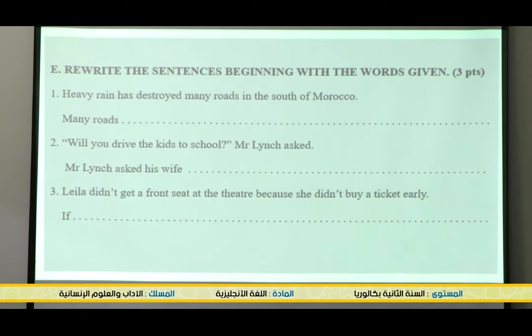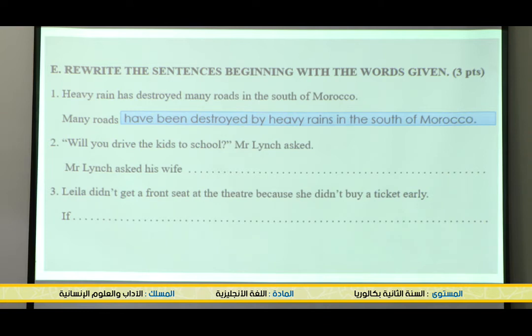Okay, plus the past participle of the verb. Okay, so now I want you to think about it before I give you the answer again. So what do you think? Well, the answer is this. Many roads have been destroyed by heavy rains in the south of Morocco.